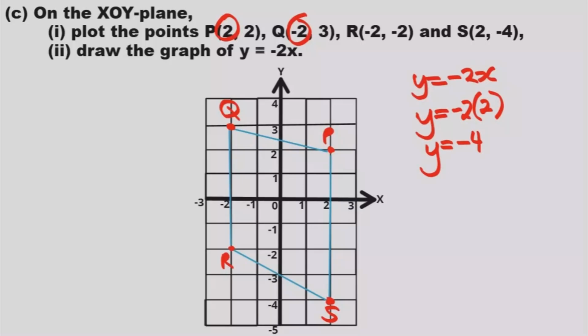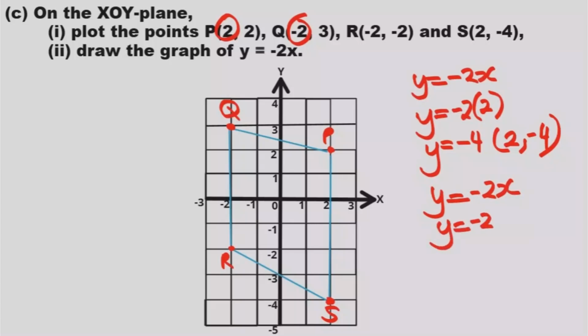So we can come up with the coordinates which are when x is equal to 2, y will be negative 4, like that. And then we use the other number again, which is negative 2. We say when y is equal to negative 2x, then we say that y is equal to negative 2, open bracket, negative 2, like that.